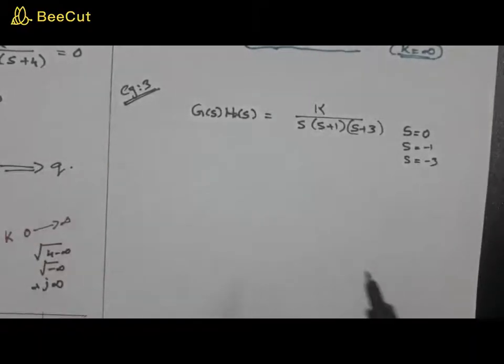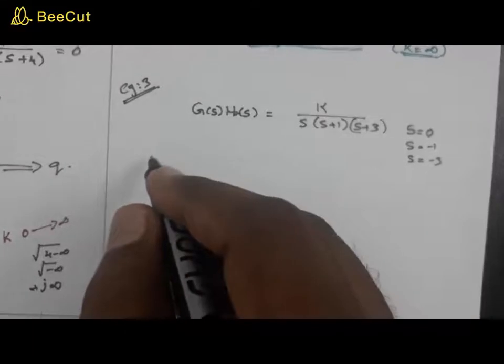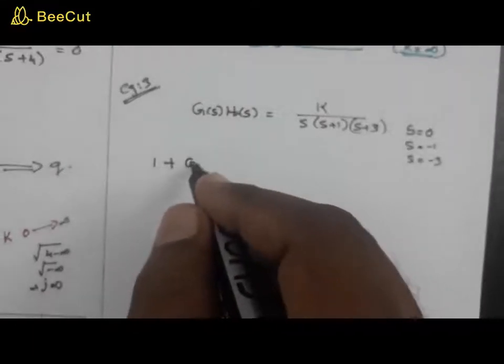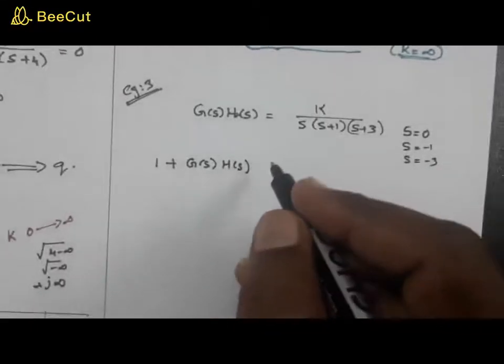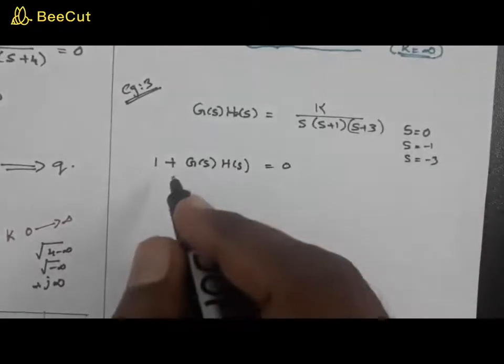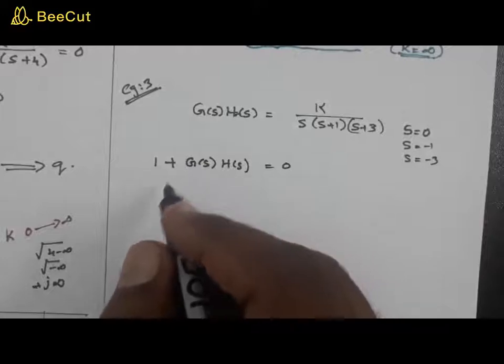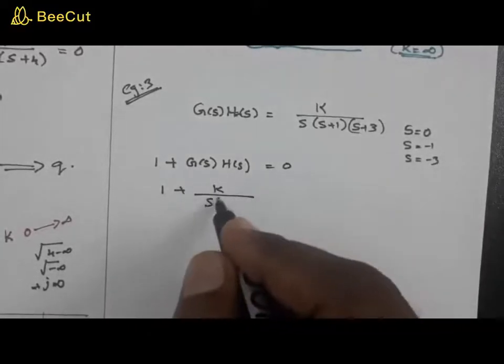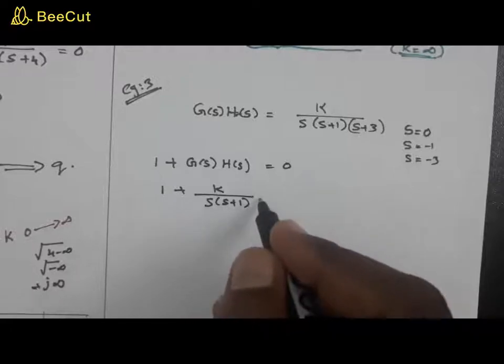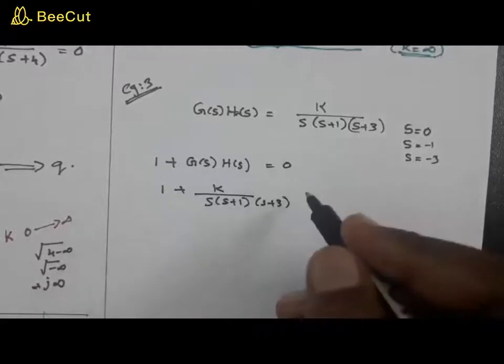Now the next step is to find 1 plus G(s)H(s) equal to 0, that is 1 plus k divided by s into s plus 1 into s plus 3 is equal to 0.